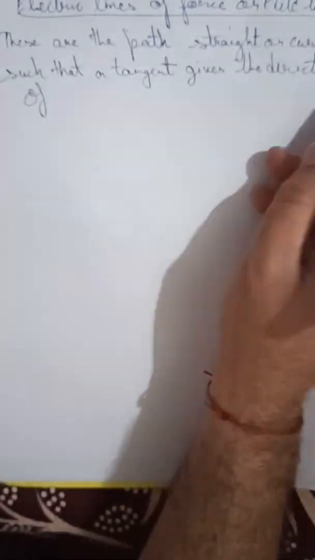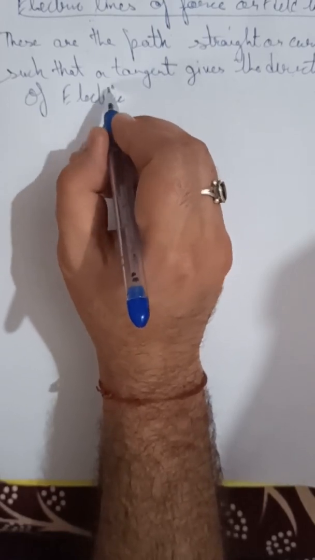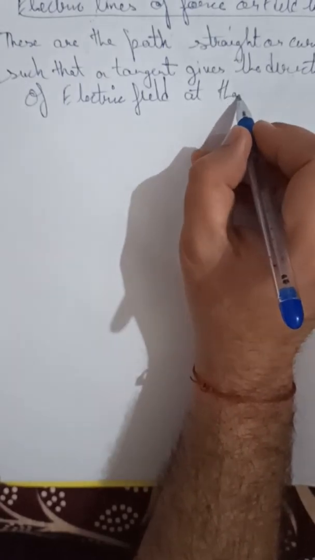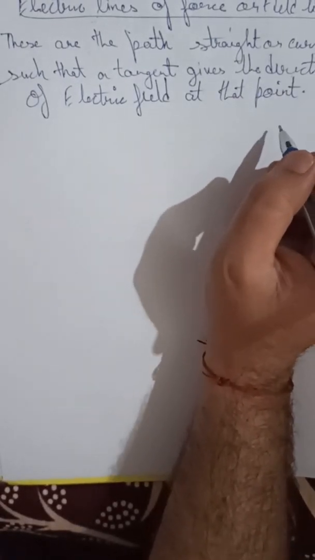Electric lines. So it gives the direction of electric field at that point. Which point? From where the tangent is drawn.